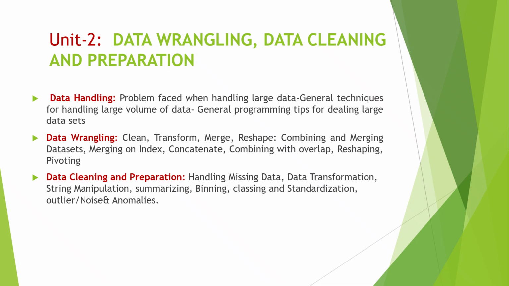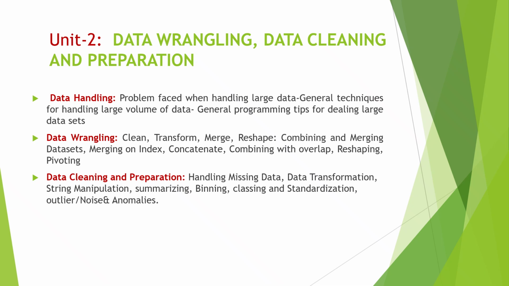To address these issues, general techniques like data sampling, chunk processing, and efficient storage methods are used, along with programming practices such as optimizing code, using appropriate data structures, and leveraging libraries designed for large-scale data processing.